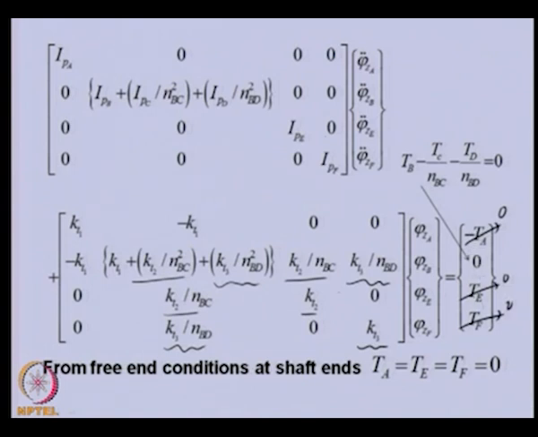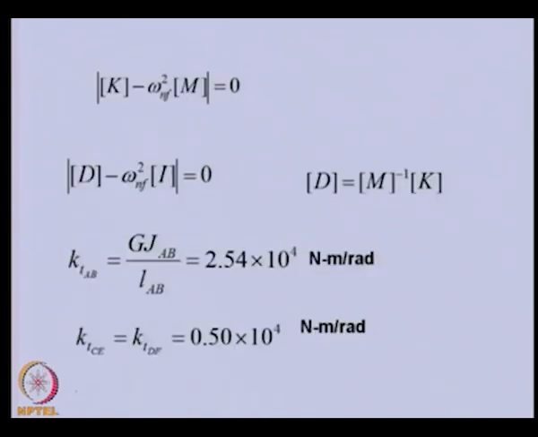So this equation can be simplified in this form: k minus omega squared m. Conventionally we convert the equation of motion for free vibration into this particular form. If we take the determinant of this equal to 0, we can get the frequency equation, or we can go for the eigenvalue problem, in which D in this particular case is defined as the inverse of m into k.